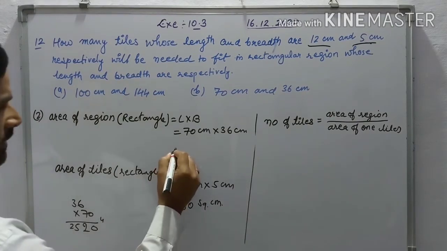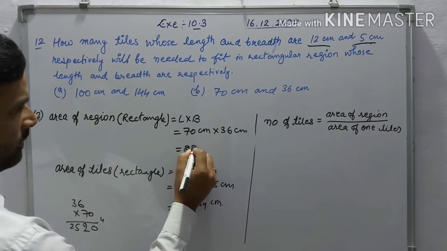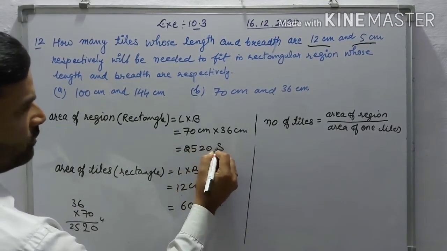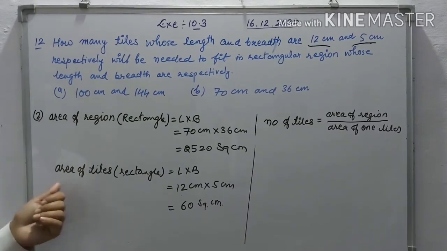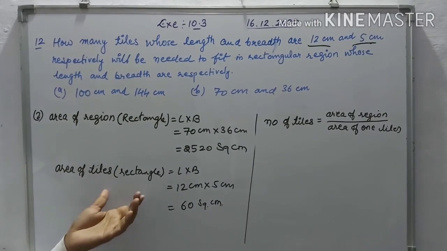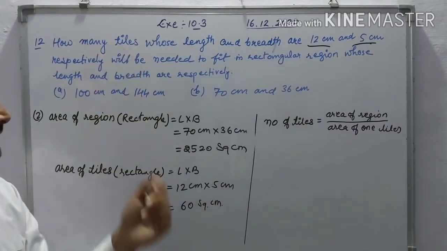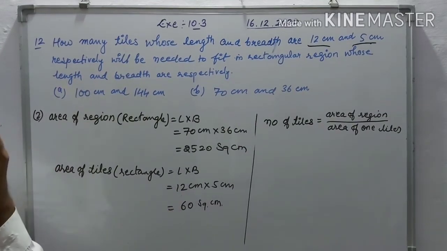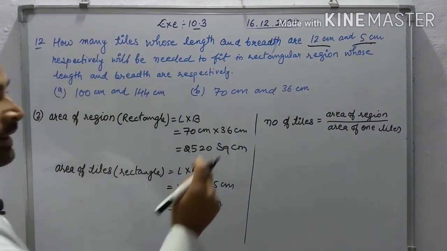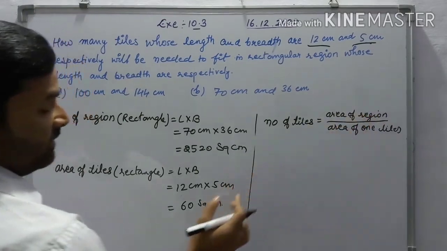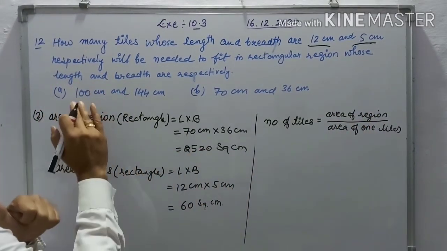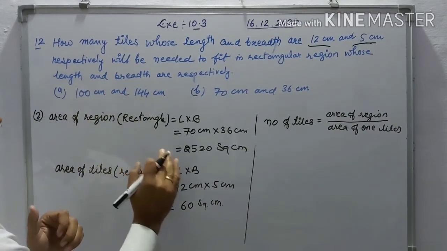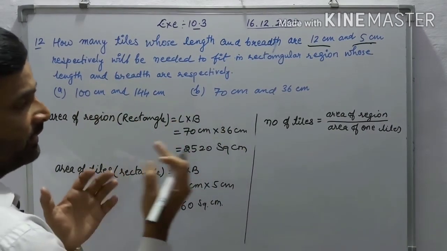So the area is 2520 square centimeters. And next find the area of the tiles, which is the same, 12 into 5 is 60 square centimeters. The number of tiles is the area of the region, and here the area changes, because the first area was 100 multiplied by 144 and the second area is 70 multiplied by 36.